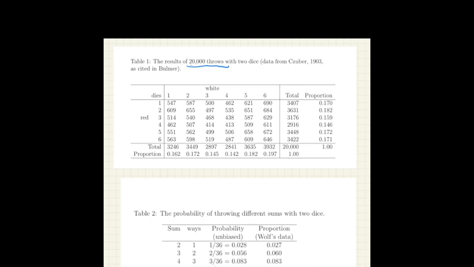There was a Swiss astronomer called Wolf, and he did experiments of throwing 2 dice 20,000 times. He did this in 1850, and this is the result.